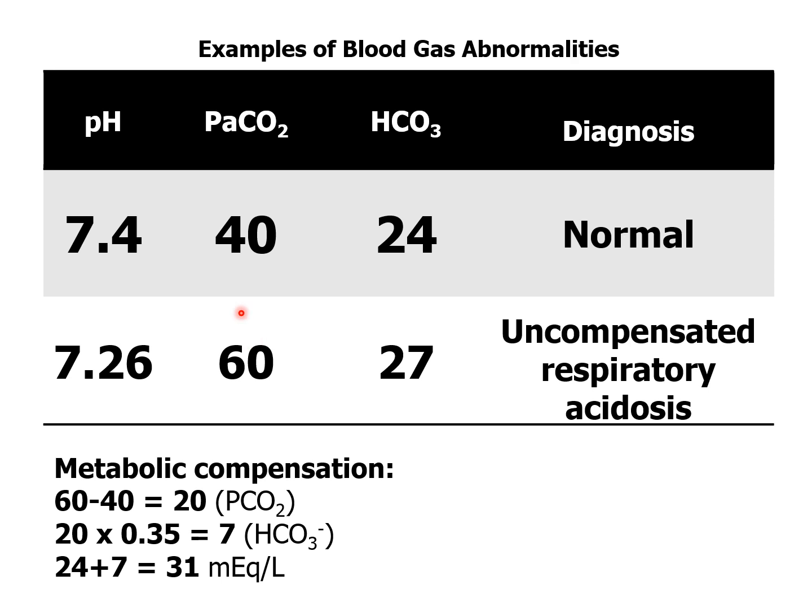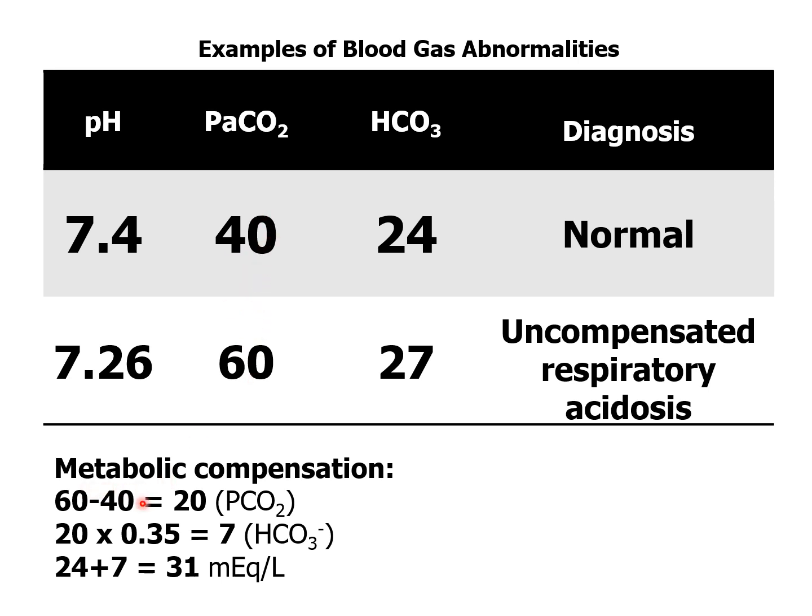For the normal compensation of the kidney, for 1 mmHg increase in the PaCO2, there should be a 0.35 milliequivalent increase in the bicarbonate. So in this case, there is a 20 unit increase in the PaCO2 versus the normal.